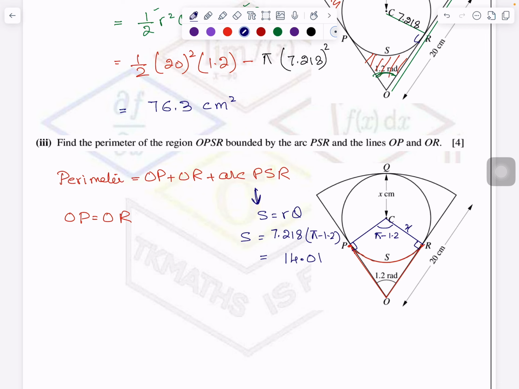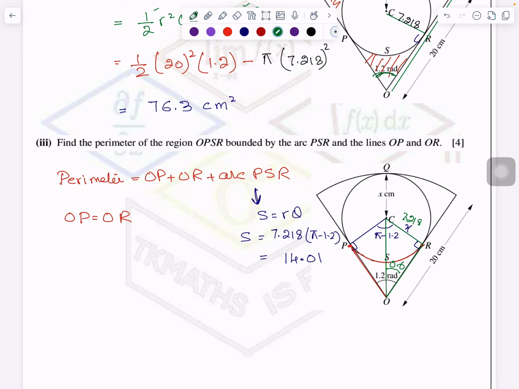Now OP and OR, how will I find that? If I draw the line from here, right, now this will become a triangle. Which one? This one, OCR. OR, OC. It is a right angle triangle. So I can easily find out OR because now I know this angle is 0.6. I know this is 7.218.